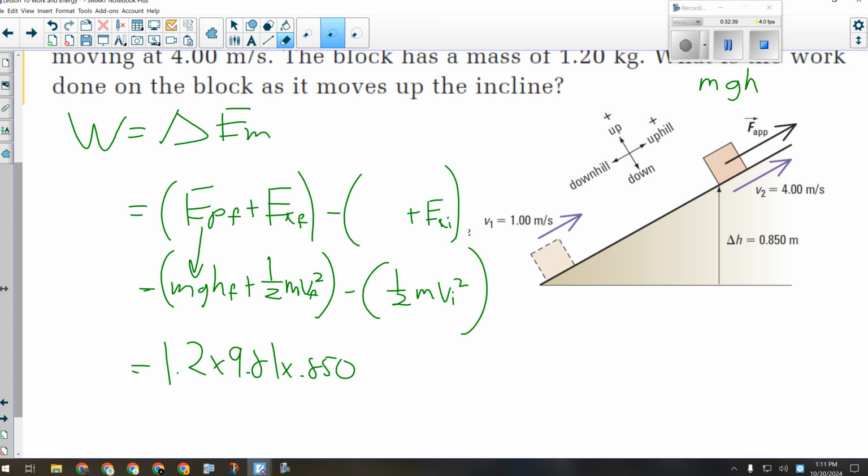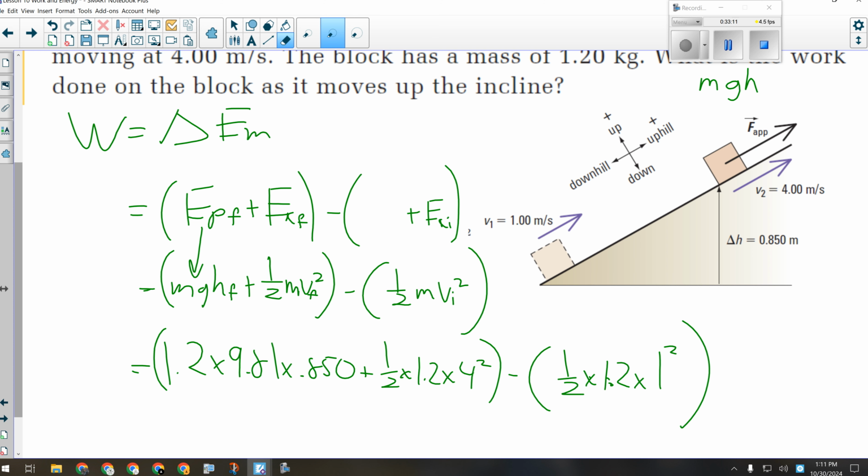That's going to be my final potential energy plus my final kinetic energy, 1/2 times 1.2 kilograms times 4 squared. I'm just going to bracket that. That's my final energy, minus my initial energy, which is all kinetic because we're at the bottom: 1/2 times 1.2 times 1 squared. Questions on what I've done there?